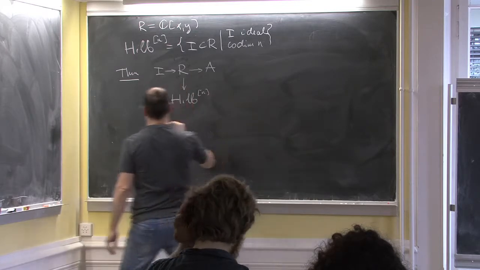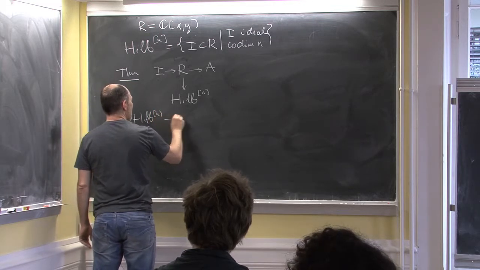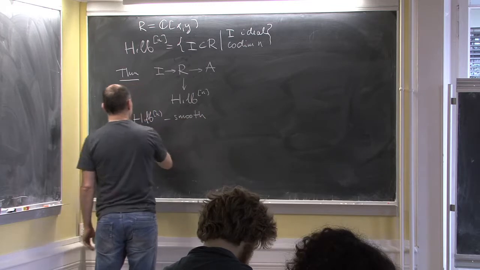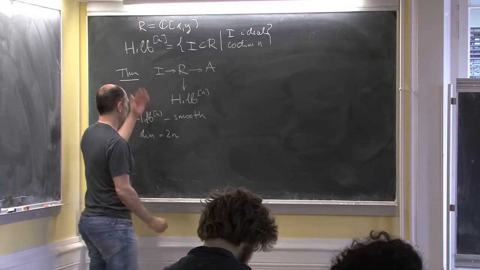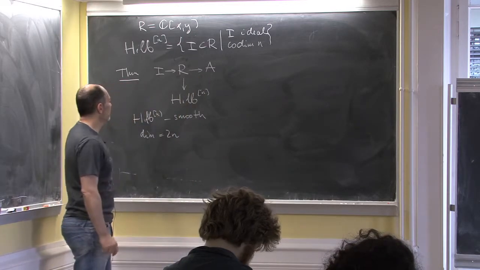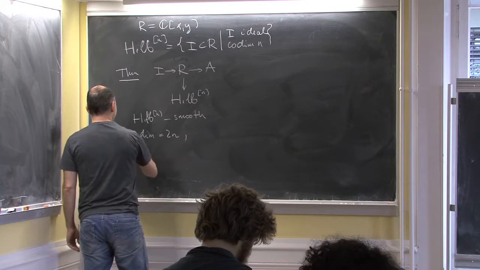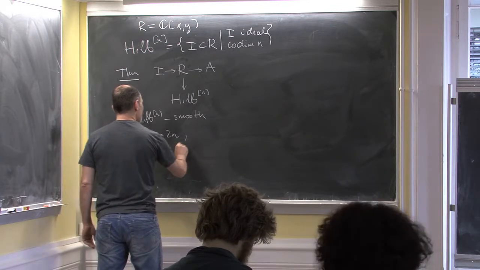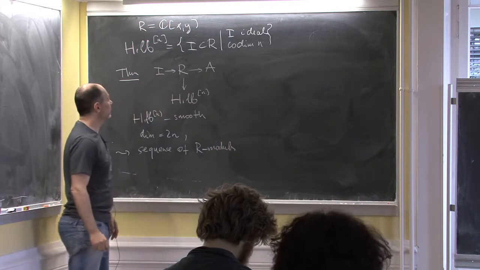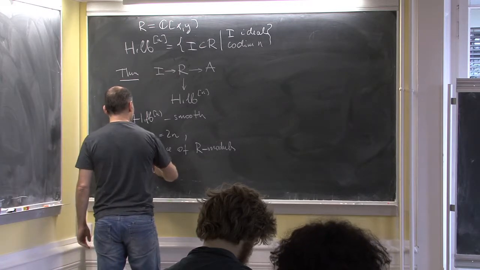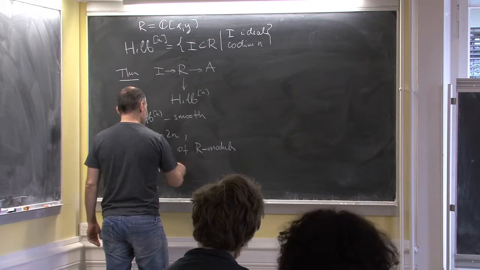So the theorem actually says that Hilb n is smooth of dimension 2n, and the tautological sequence is a sequence of R modules, and the dimension of A, the usual dimension, not the R dimension, but just the complex dimension of A, is equal to n.